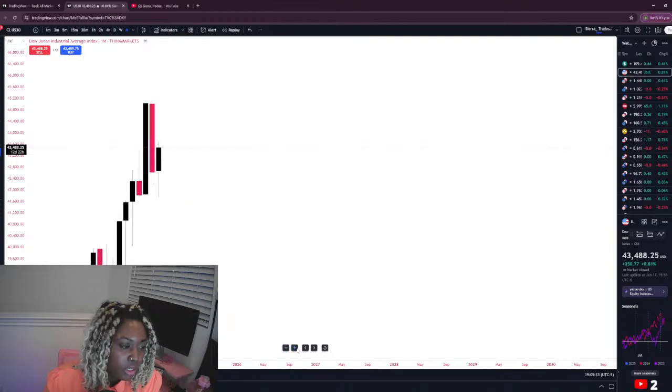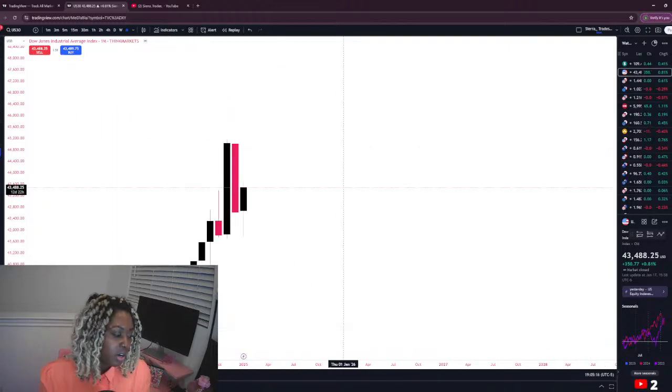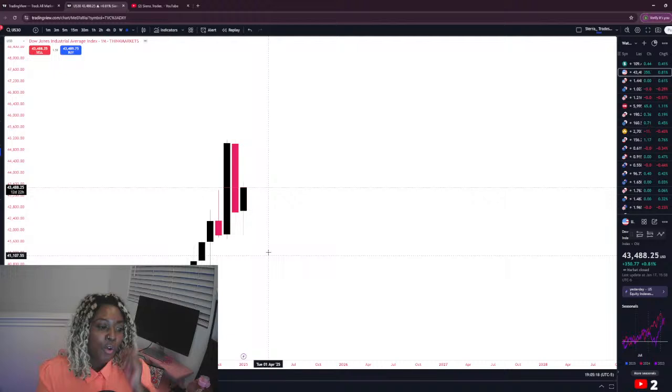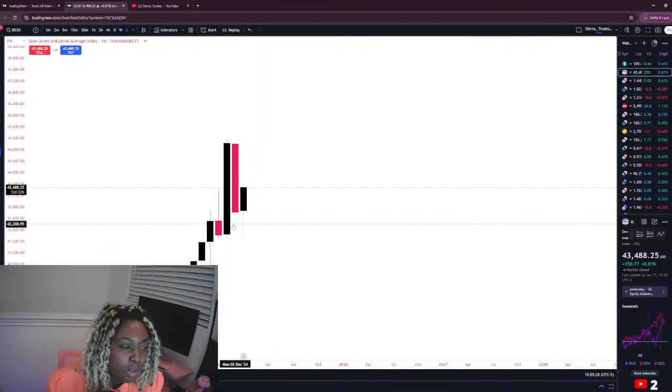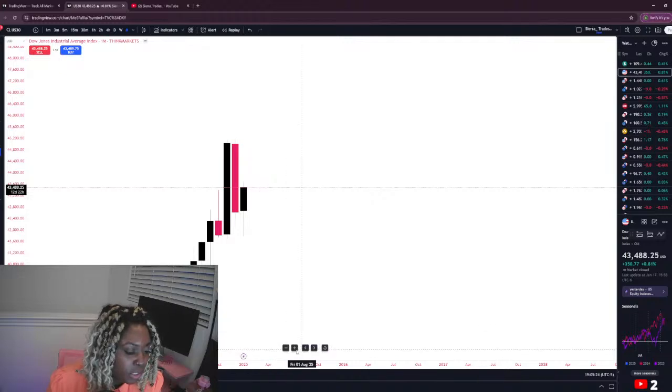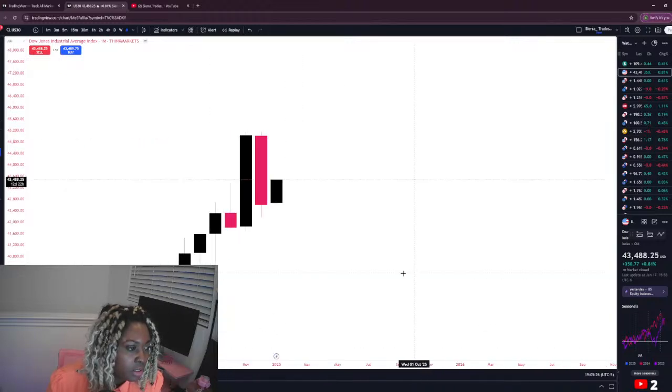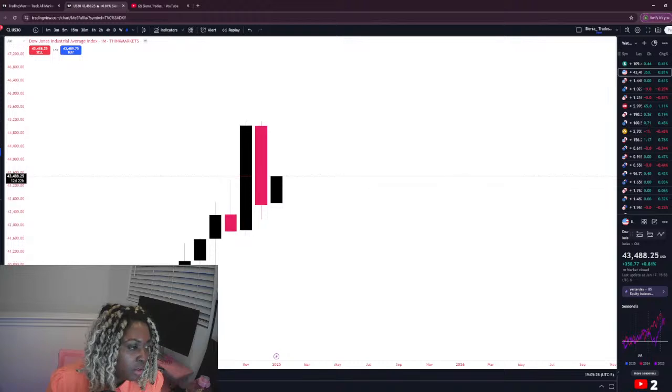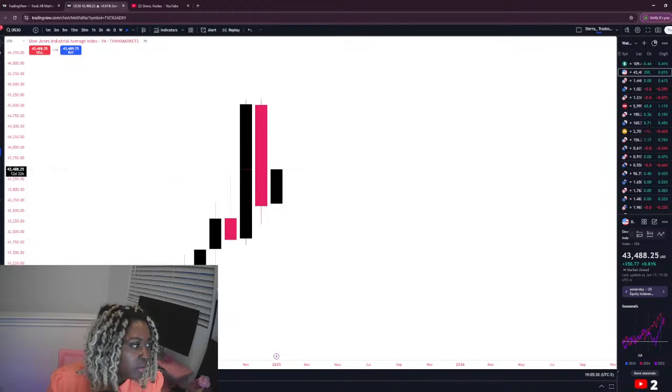Now, what I noticed last week on US 30, SPX, and NASDAQ, we ran liquidity on the low. So I want to see if we touch the 50% of last month's candle.